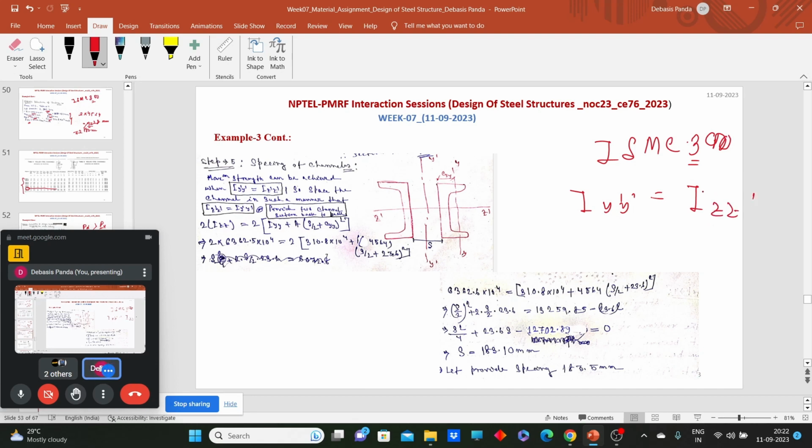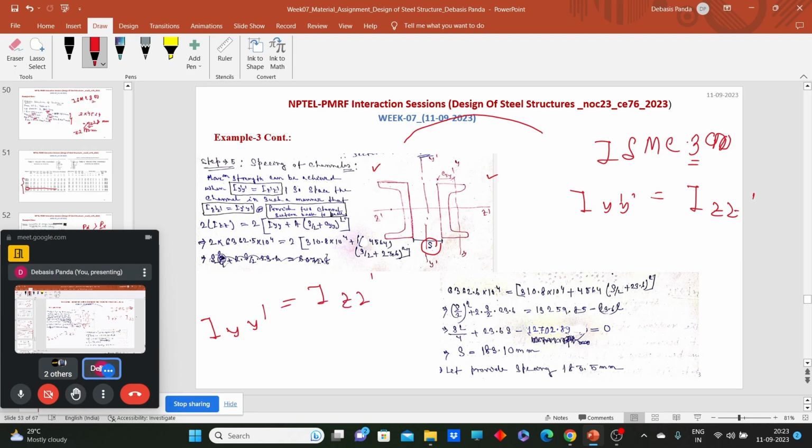So the position of the channel sections is given, that you need to place them back to back. So I have placed them back to back with spacing s. My main aim is to make Iy dash, that means the total moment of inertia about y of this whole section, equal to Izz.